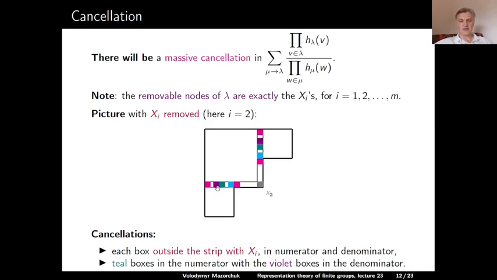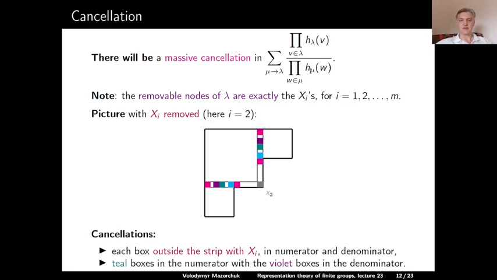So we have these pairs of violet and teal boxes, and the violet box is exactly to the left of a teal box. So when we remove x2, then the length of the hook for the violet box in mu equals the length of the hook for the teal box in lambda. So each teal box in the numerator cancels with the corresponding violet box in the denominator.